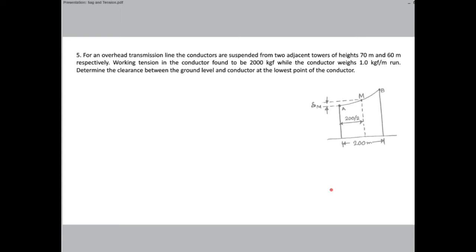Can you see what is happening in the diagram? The two supports here, one is at 60 meter, the other one is at 70 meter. They are different in terms of height.